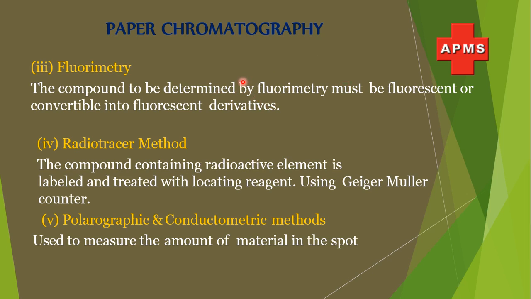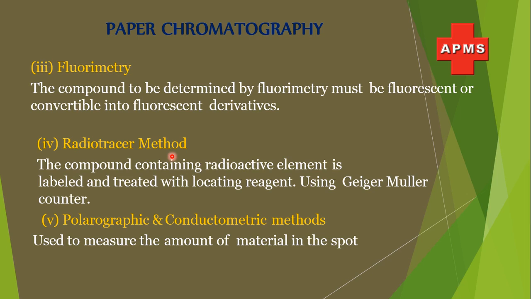The spots which are brighter when they show the fluorescent phenomenon, if they are very bright, then we can say its amount is high in our sample component. So this is the basic technique, this is fluorimetry.